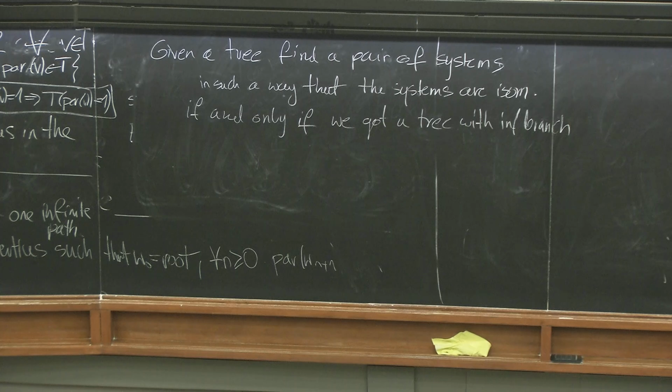And this gives us a chance, if we are more careful, that in the very end, what we are constructing is a continuous function. Because we hope that if we have sufficiently many initial steps the same, then the pairs of systems we are constructing will be close to each other in the sense of our space. This is what we have to guarantee, okay?